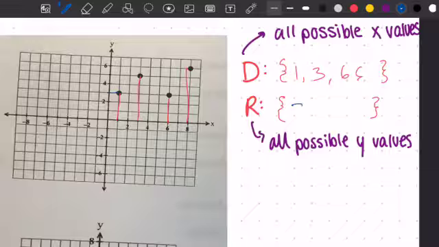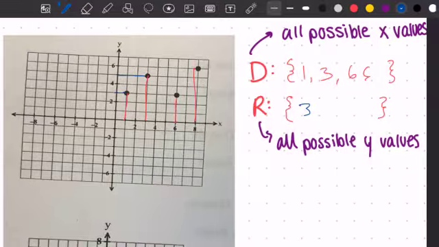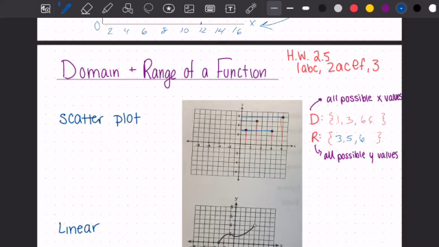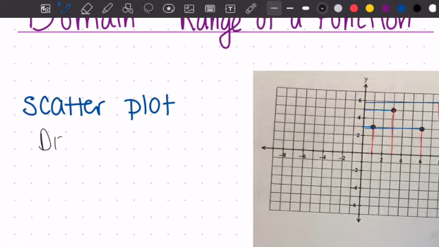For our range, we have 3, 5, another 3, which we're not going to rewrite, and then we have a 6. Okay, so this is the domain and range of a scatter plot here. We also call these discrete values.